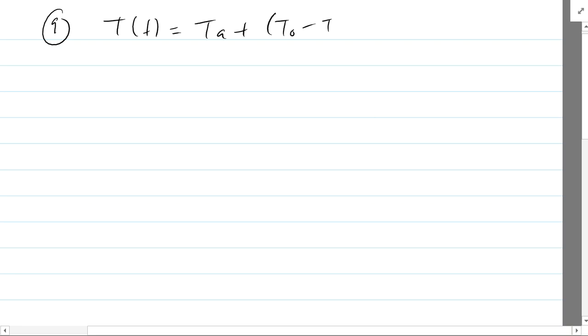Okay, now moving right along, what's my final step? T is equal to T sub A plus my C, but my C is T naught minus T sub A, e to the KT. And you should have learned to just use that equation when you were in pre-cal.